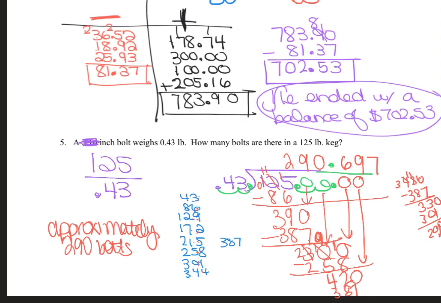Most likely, if you were to buy 10 bags of 125 pounds of these bolts, the bags might not be exactly the same. One might have 290, one might have 291, one might have 292 or 289. Anywhere in there is going to be correct. All right. So try some of the independent word problems, and I'll see you back here for the next section.